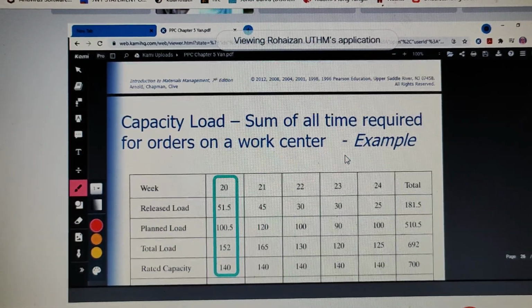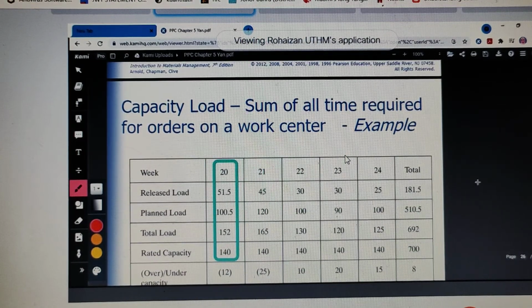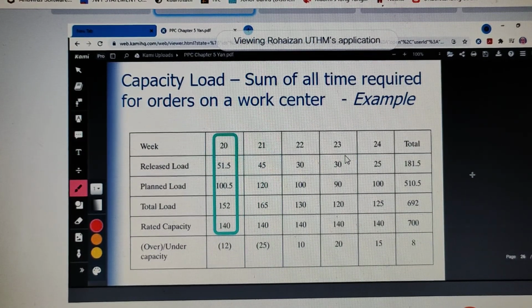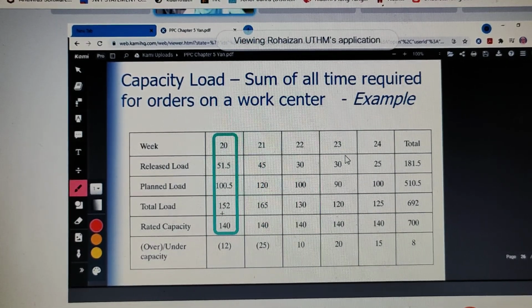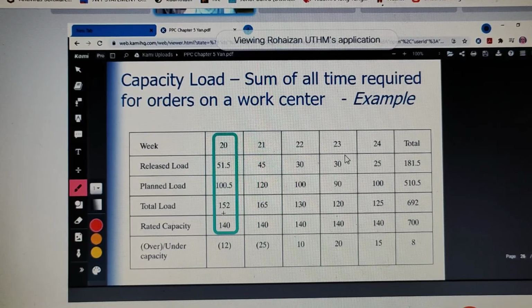And then after we do that calculation, we need to do this. We call it, sorry, I forgot the name.